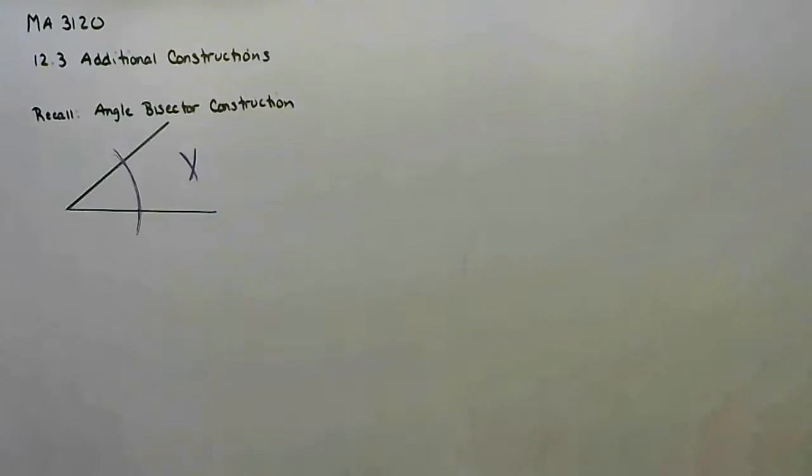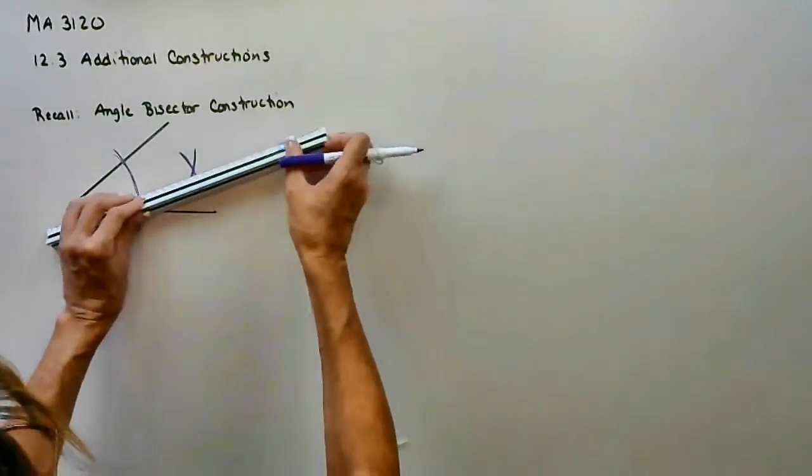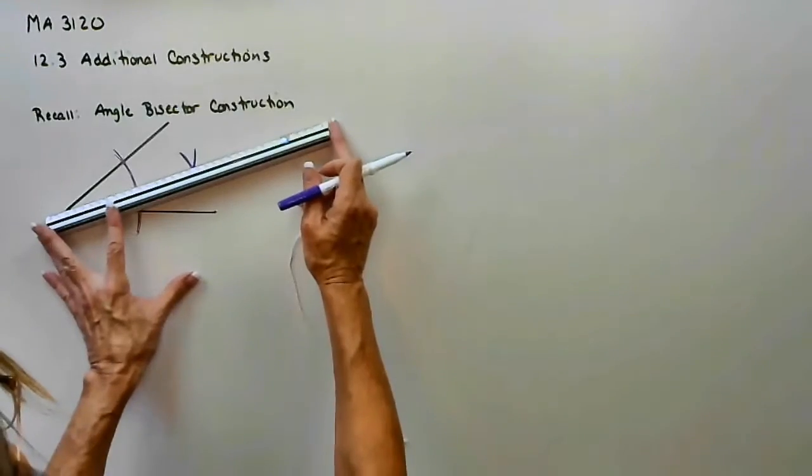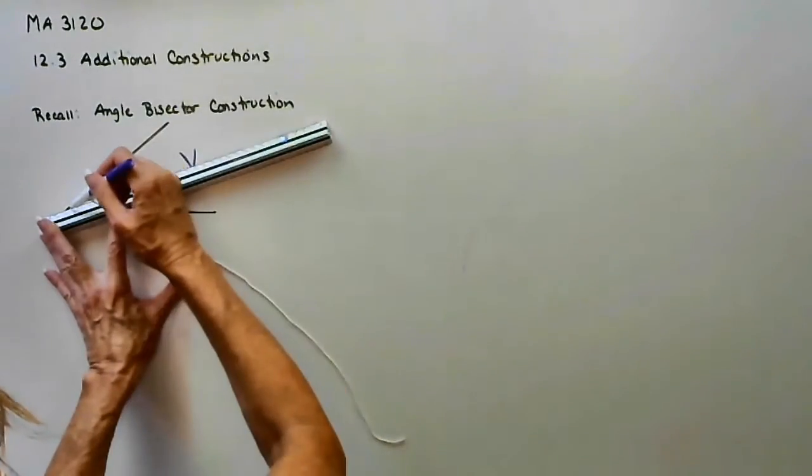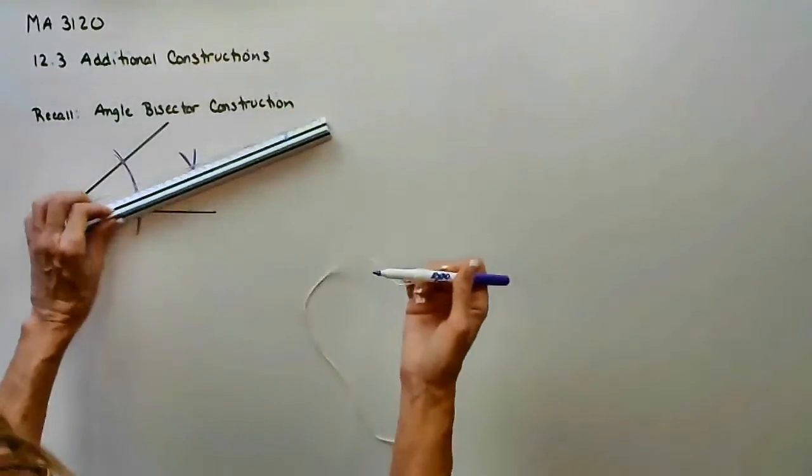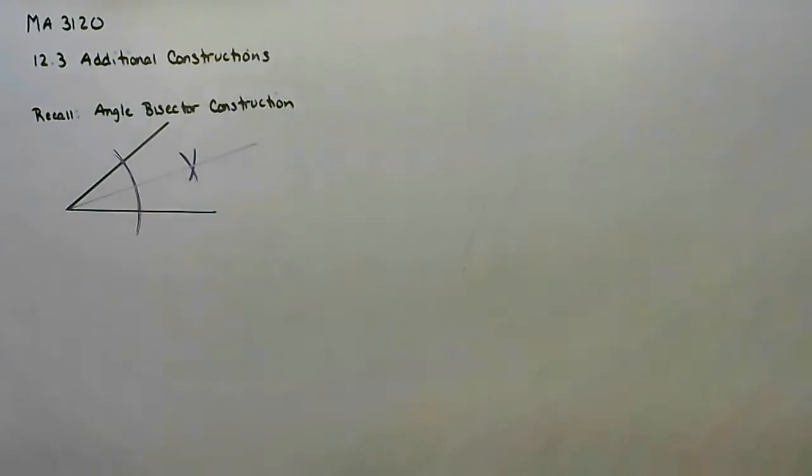They should overlap. And when they overlap, and you connect that to the vertex of your angle, I think mine slipped a little bit, you should get an angle bisector.